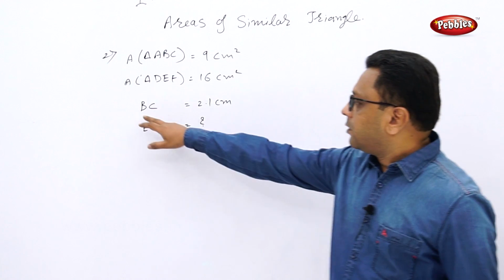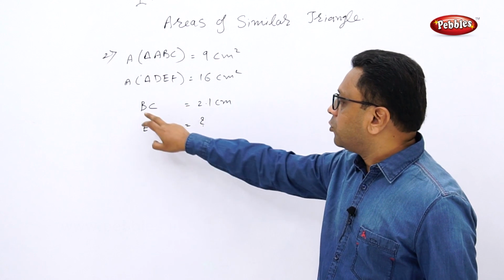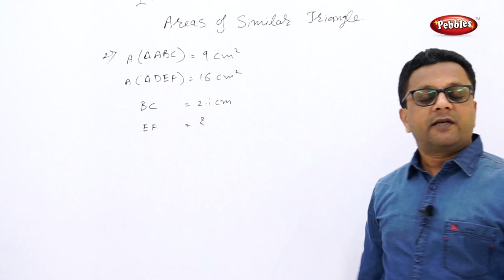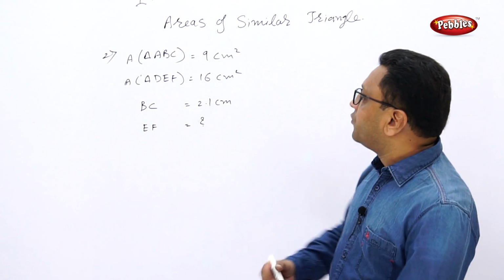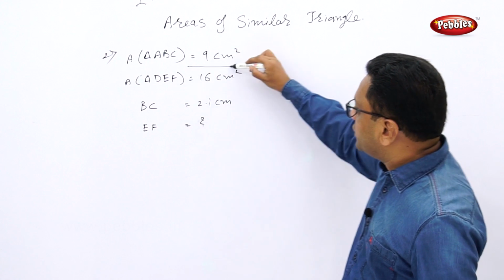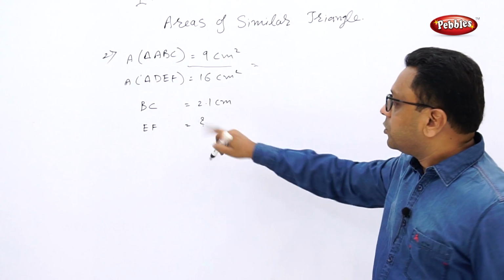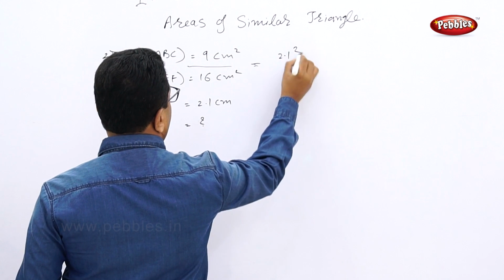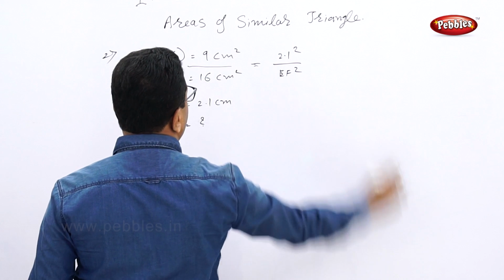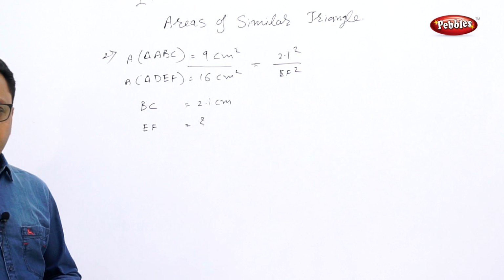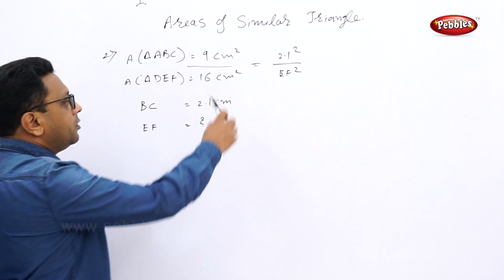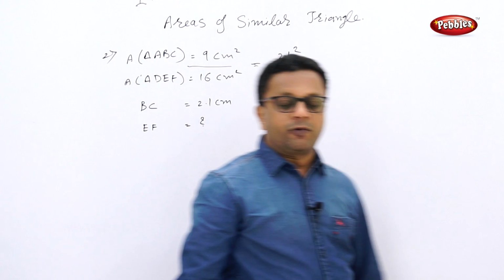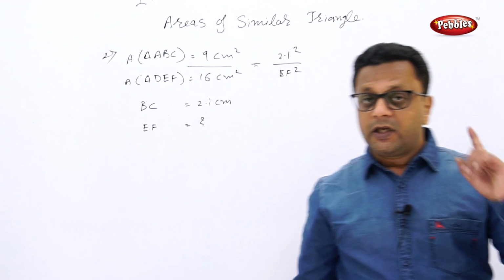Here we know that these two triangles are similar triangles. So BC is corresponding to EF. Okay, so what does our theorem say? The ratio of their areas is equal to the ratio of squares of the corresponding sides, that is 2.1 square upon EF square, isn't it? So now you only have to solve this. 9 upon 16 is equal to 2.1 square upon EF square. So you have to find the value of EF.